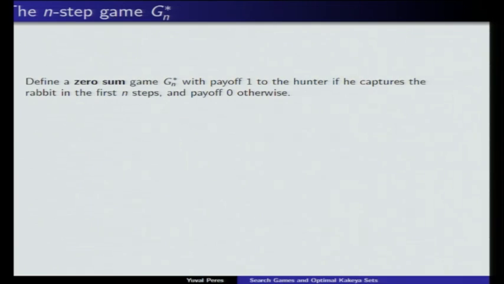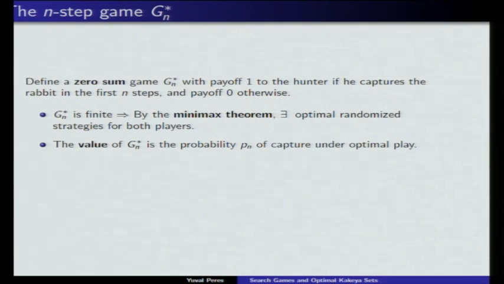Okay, so here's a finite game that really captures the issue of this infinite game. Let's run the interaction of the rabbit and the hunter for only n moves, where n is the same as the length of the cycle, and just have payoff 1 to the hunter if he captures the rabbit in these n steps, and payoff 0 otherwise. So now it's a finite game.